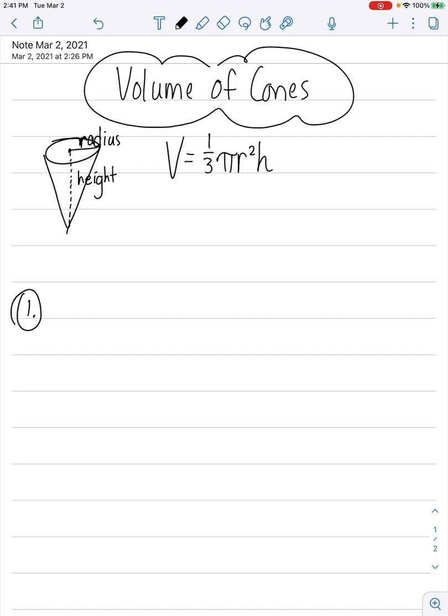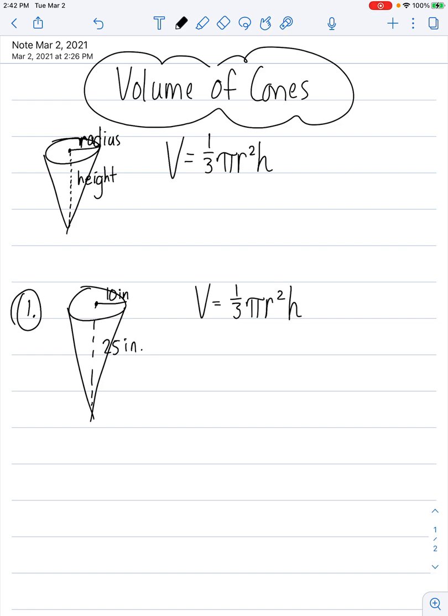So let's say I have this cone right here. Oops, let me make it into an actual cone. And I'm going to tell you that the radius is 10. Let's use inches for this one. And the height is 25 inches. So first, I'm going to write my formula. Volume equals 1/3 times pi times radius squared times height.